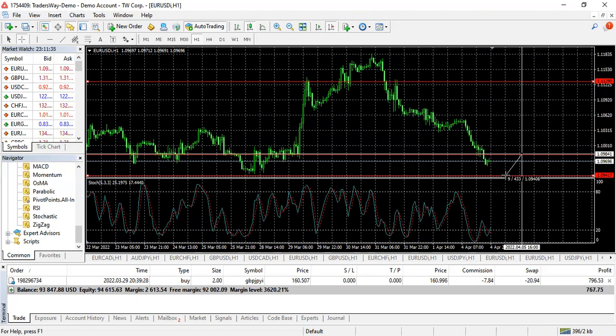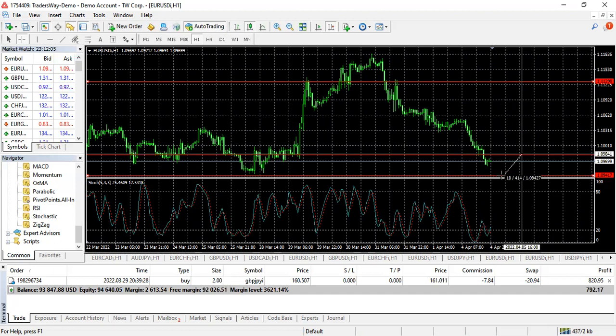From my entry point here, I will measure and calculate the pips I want to target. Here we have 433. The 43 is the pips, and the last 3 is the pipettes. So we are targeting 43 pips here. From this point as well, you drag it to where you want to set your take profit, and here it is 145 pips.